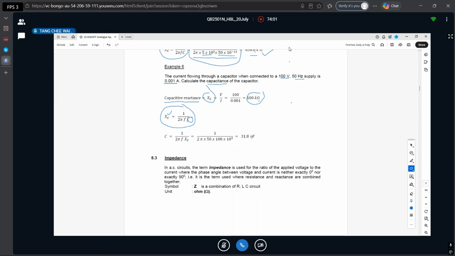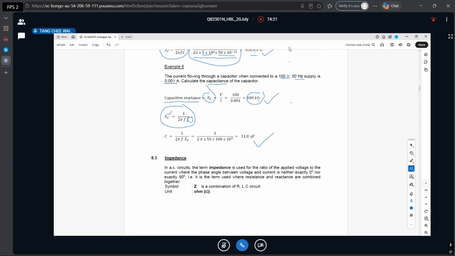That is the only unknown, C. That's the reason why you need to find XC first. Then I can substitute inside here. I'll take the 100k and put it here, and then go on to solve the sums and get the answer here.